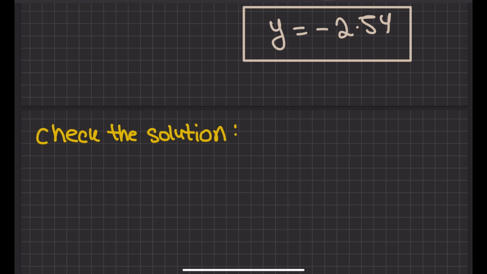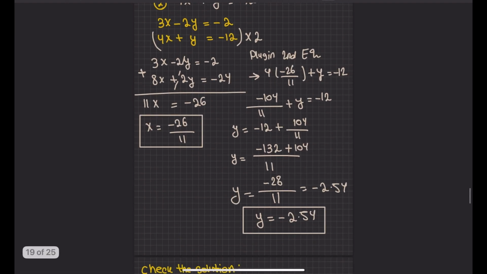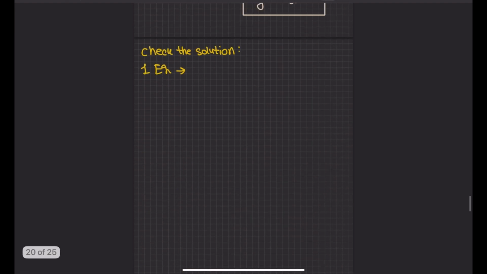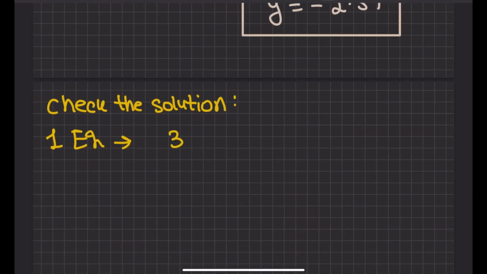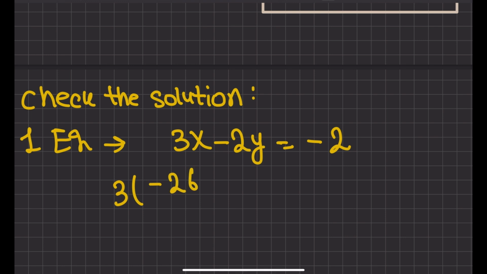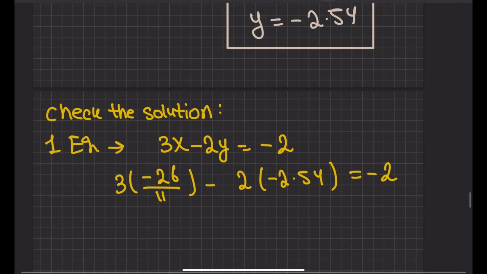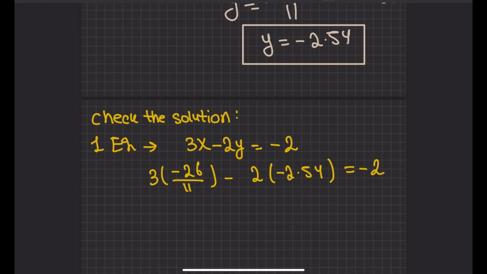I'm going to use the first equation: 3x minus 2y equals -2. Instead of x, I'm going to plug in -26 divided by 11, and y is going to be -2.54.